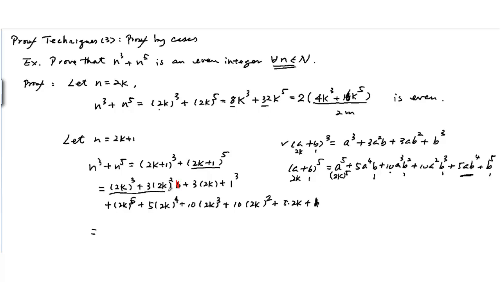So this one, you can write it as 8k cubed plus 12k squared plus 6k.